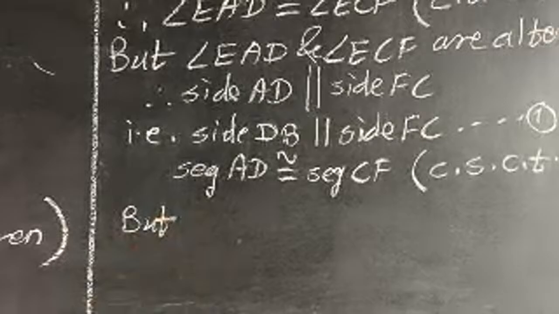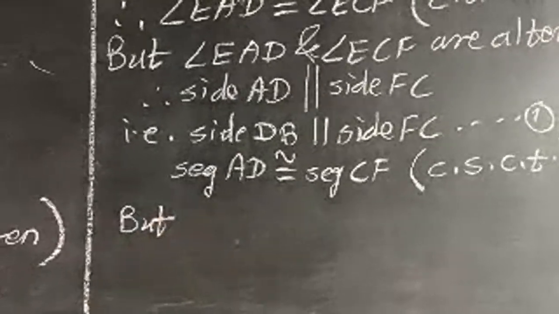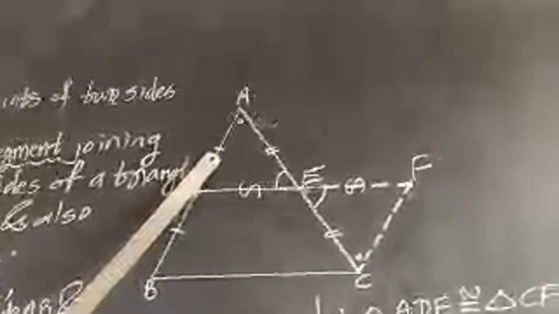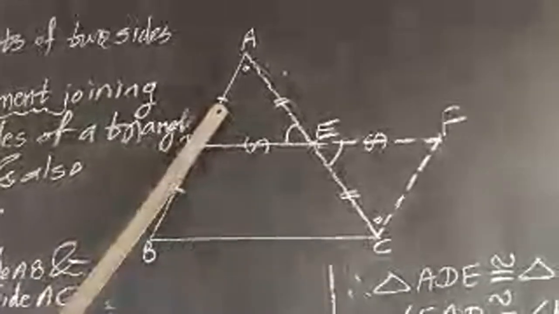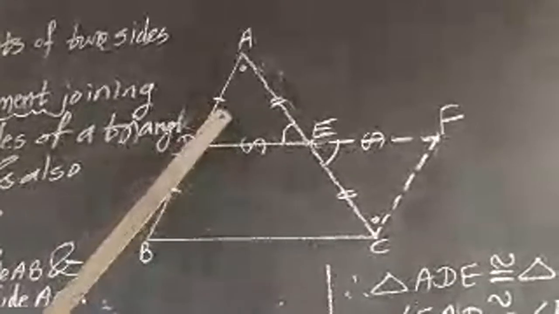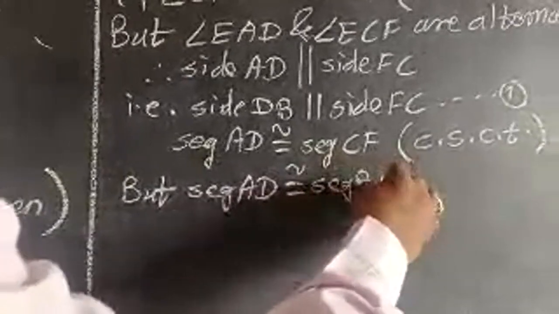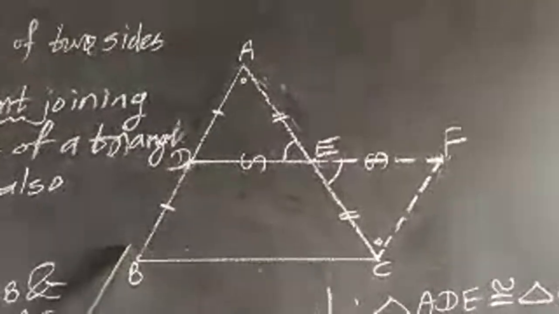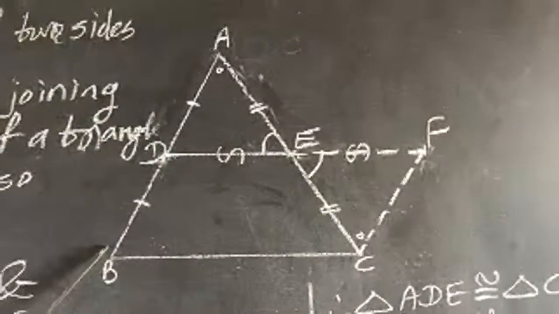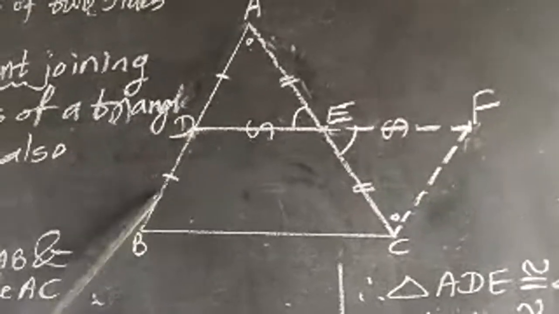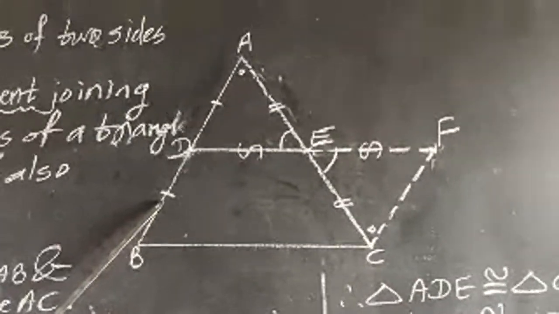But in place of AD, what can we take as congruent? Segment AD is congruent with segment BD, and the reason in detail: why are AD and BD congruent?